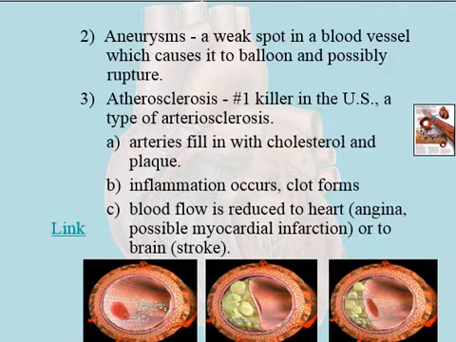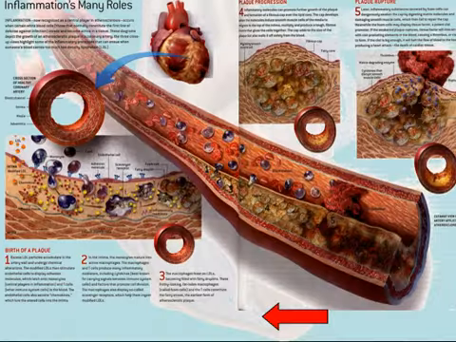When we look at what's occurring in atherosclerosis, by the way, it's a type of arterial sclerosis. It means hardening of the arteries, but athero means fatty deposits in the arteries. So if we look at this, here's an artery that's nicely widely open, but it has got some damage in it.